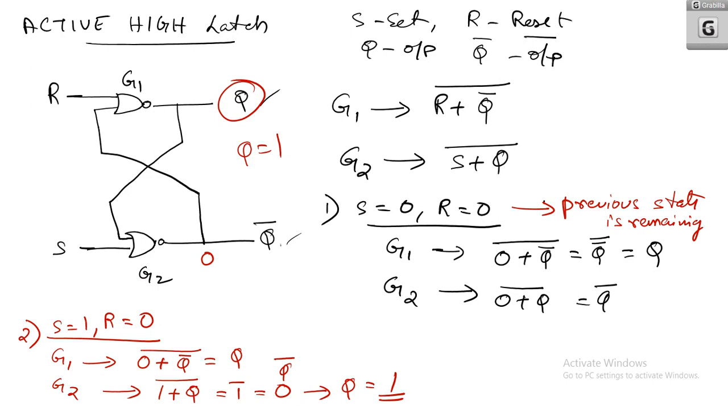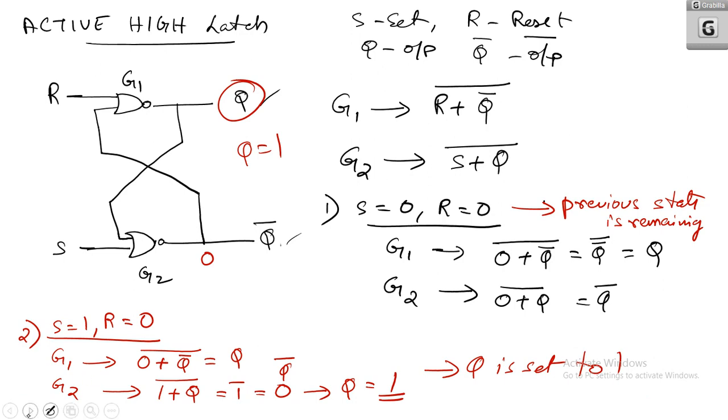That is the case when S is equal to 1 and R is equal to 0. Here Q is set to 1. So that is set. I think you got the point.